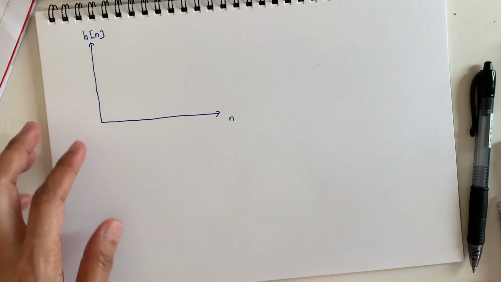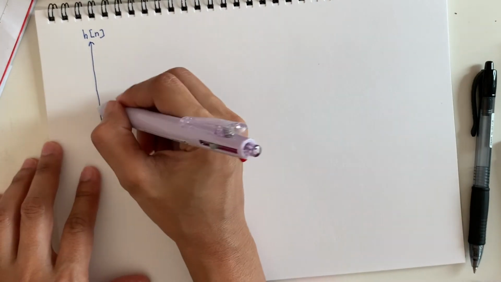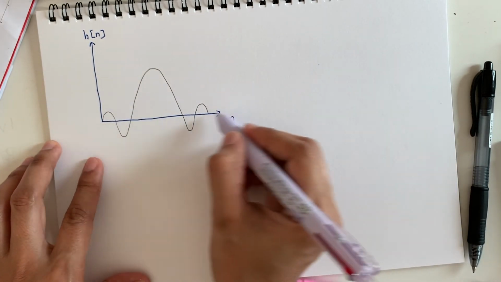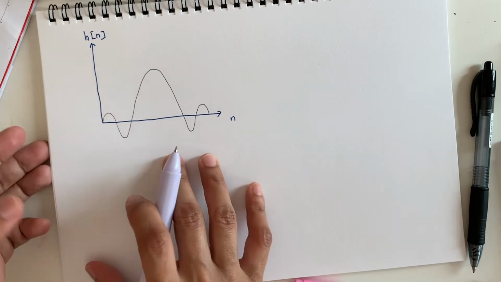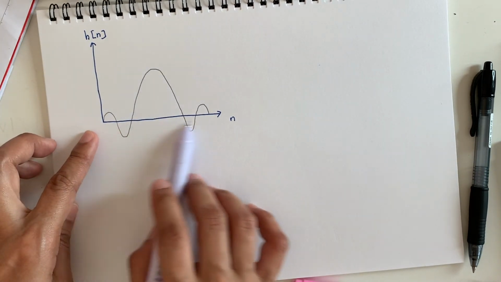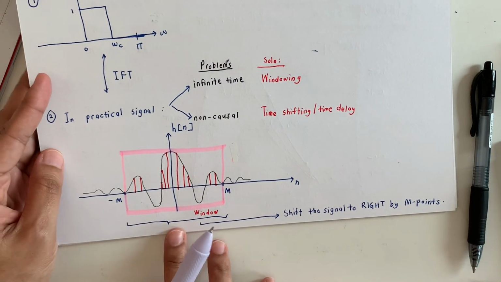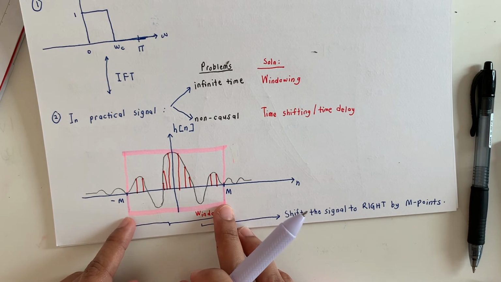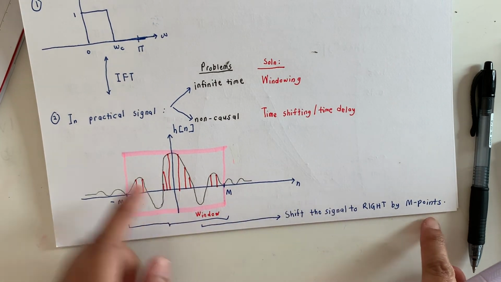Why is it right-sided? Because we already shifted the window, the selected information, to the right by m.